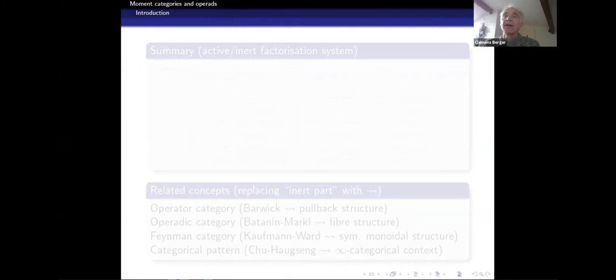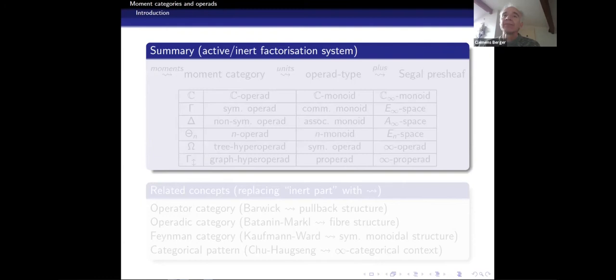So what is a moment category about? It starts from a certain factorization system on a small category.